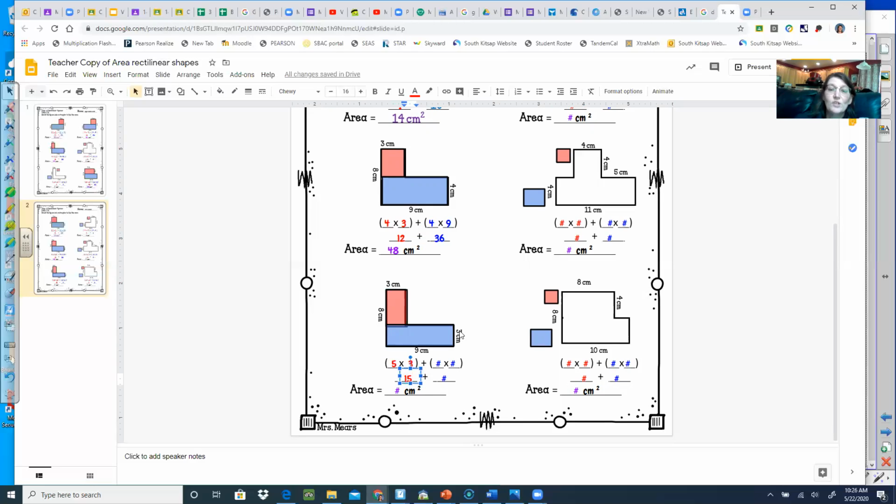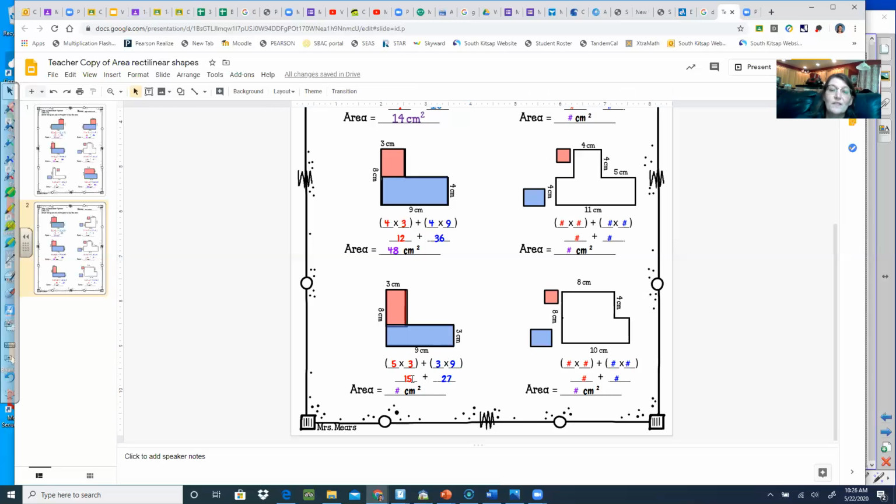Okay, now for my blue shape. I do have both sides labeled. I have a 3 by 9. Okay, 3 times 9 is, it's kind of like 3 times 10, but take 3 off, and you get 27.